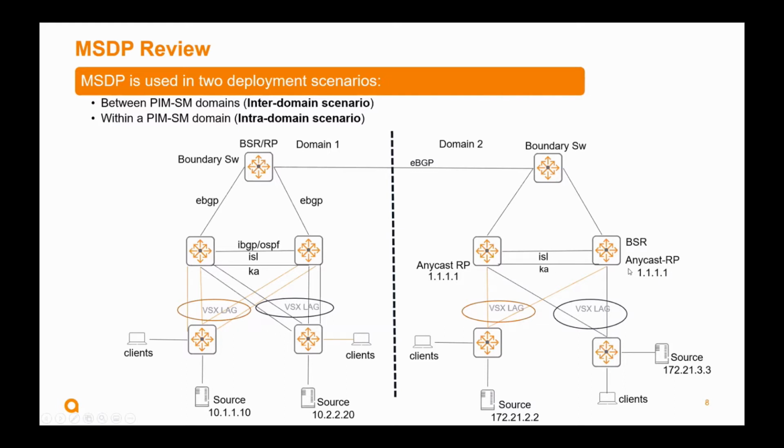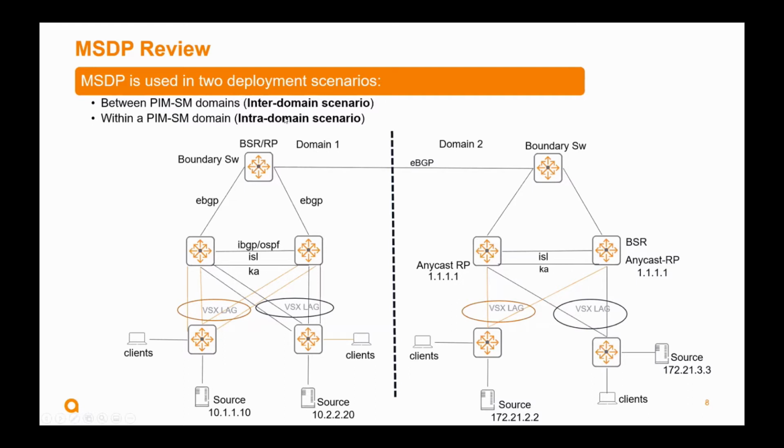You notice here, two of my devices, my routing switches, are acting as Anycast rendezvous points, and they are sharing the same IP address for their rendezvous advertisements, right? Now, to make sure that they are aware of each other, that's where MSDP is used for intra-domain, right? And what Anycast rendezvous point is doing for us is providing load sharing and redundancy for our rendezvous points.